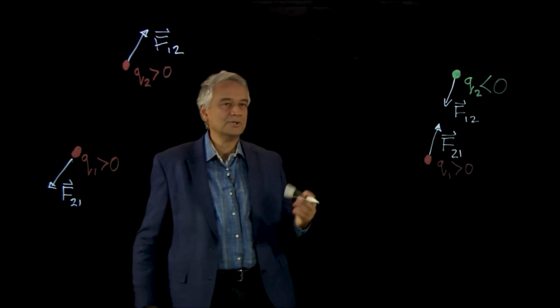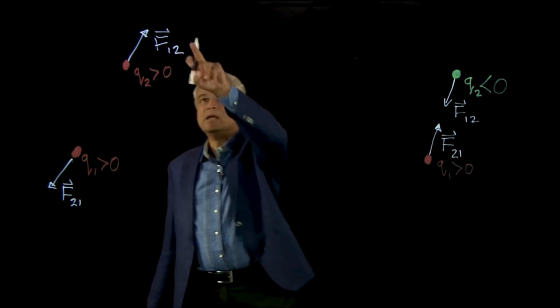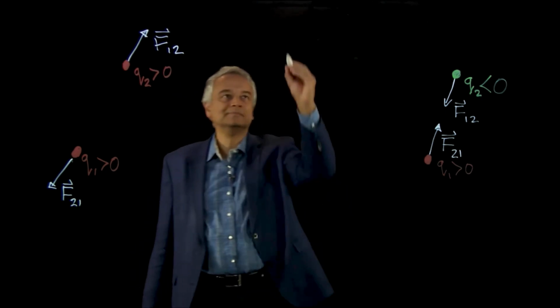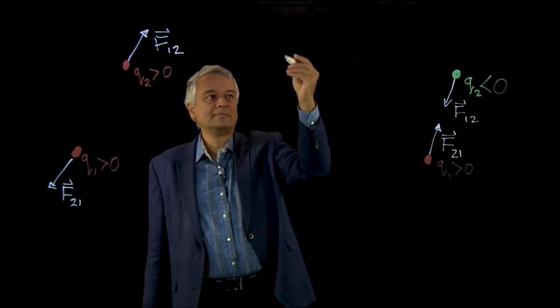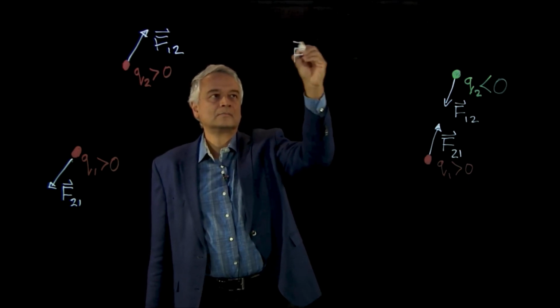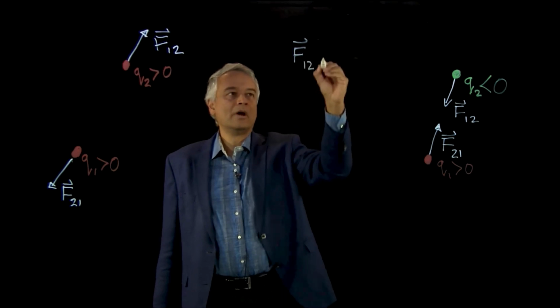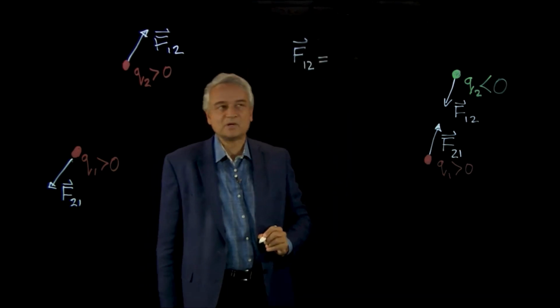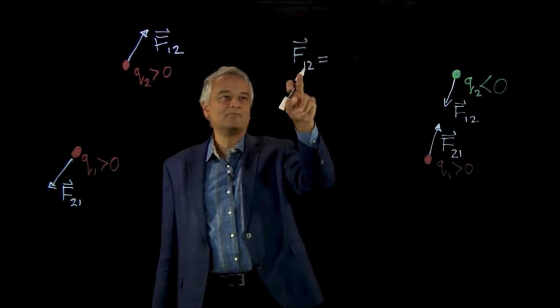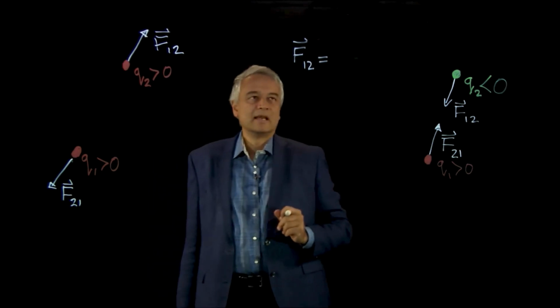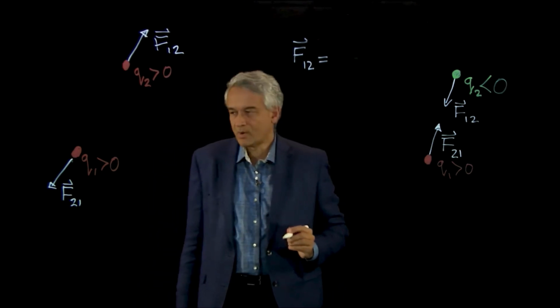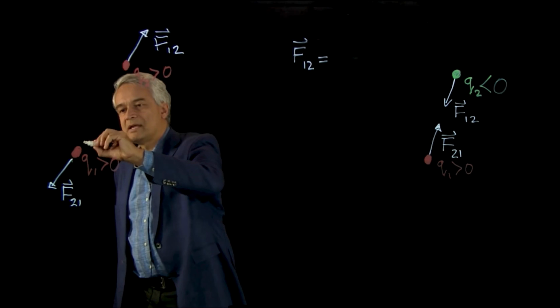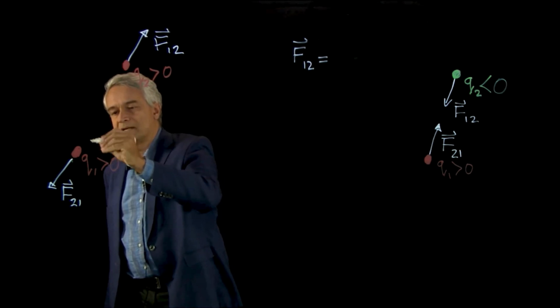So if I want to write, for example, F12 as an equation, how do I do that? Well, the first important fact about F12 is how to write its direction. And the way I'm going to write its direction is I'm going to define a unit vector, which I will show right here.